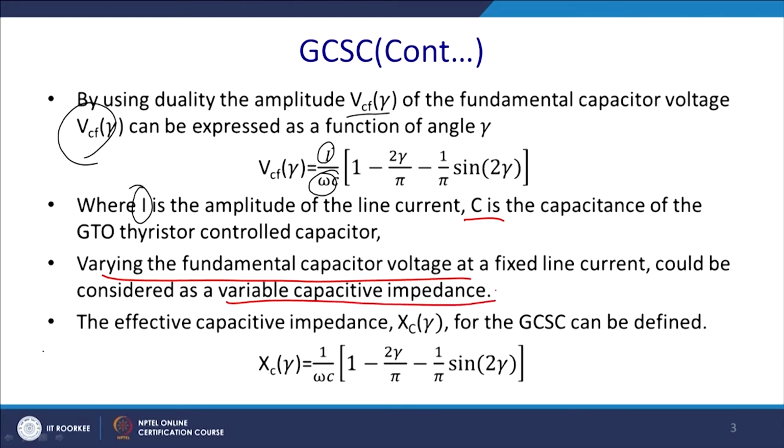So, we should have a variable capacitive impedance, and thus we can rewrite this equation as Xc(lambda) equals 1 by omega C times (1 minus 2 by pi lambda minus 1 by pi sin 2 lambda). So, let us see the contour and the VI characteristics of the GCSC.